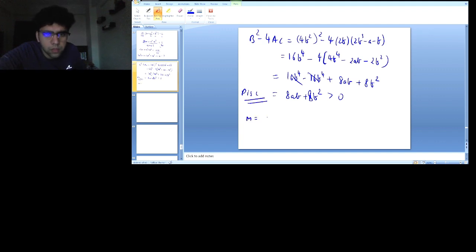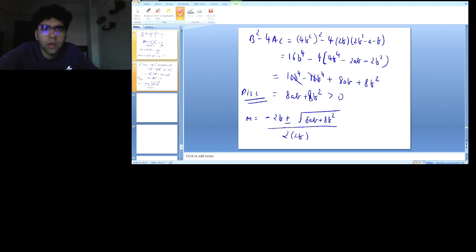This gives me m is equal to minus 2b plus minus root of 8ab plus 8b square by 2a, and my a was 2b. I wrote this incorrectly. This is 4b square.